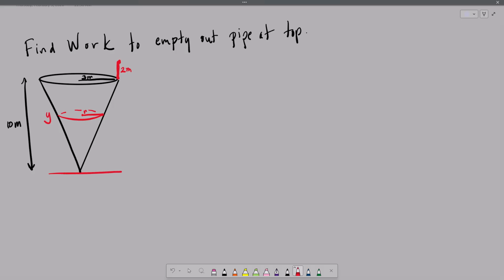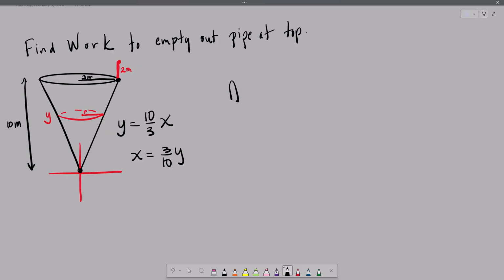We need the equation of that right edge. It goes through the origin, so y equals mx, with y-intercept 0. What is the rise over run? 10 over 3. Then we isolate x, so x is 3/10 times y. That is the radius of that disk.